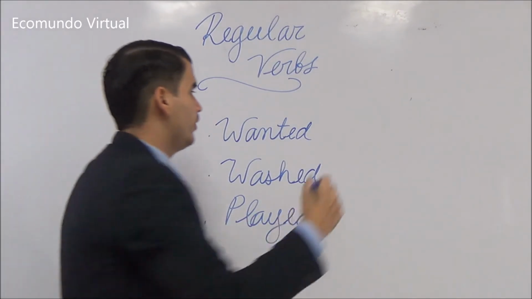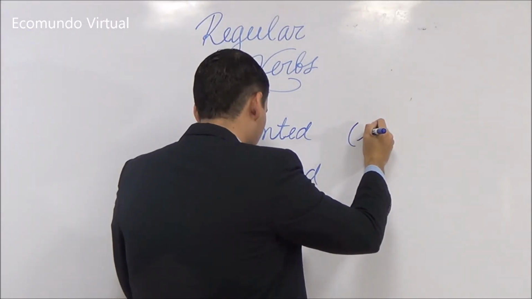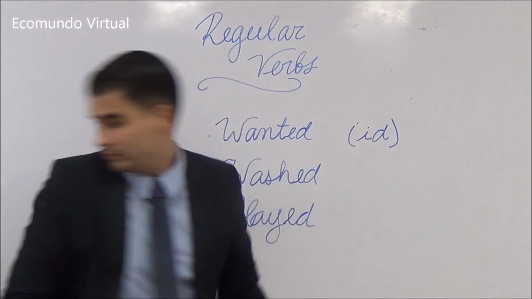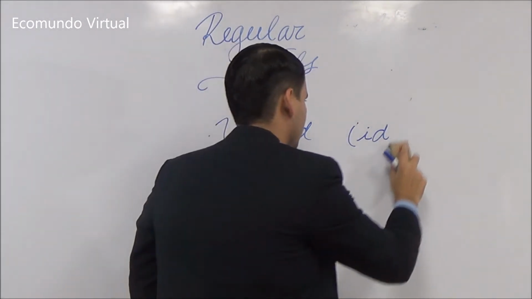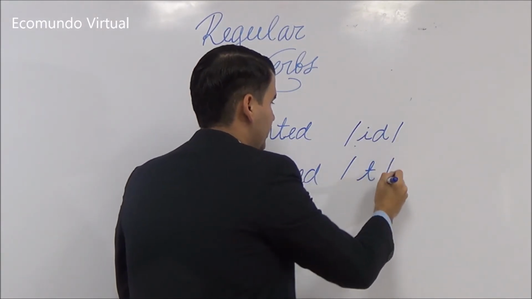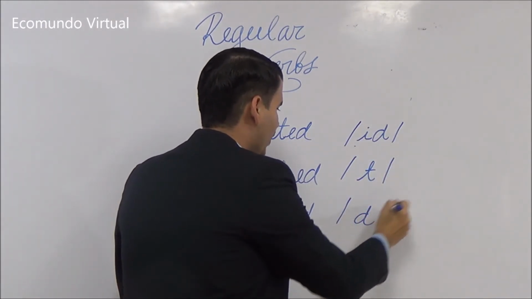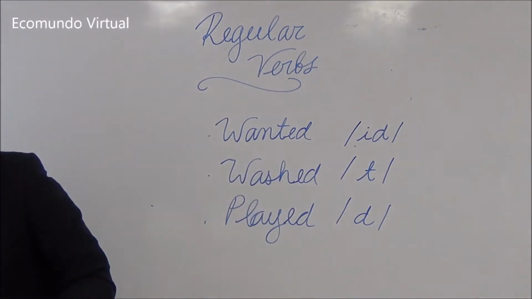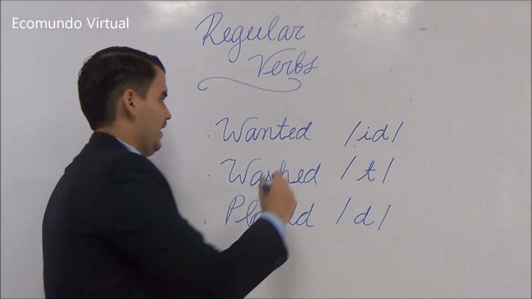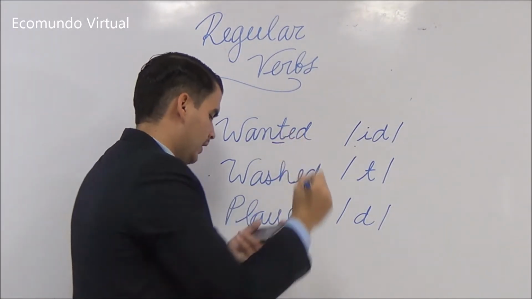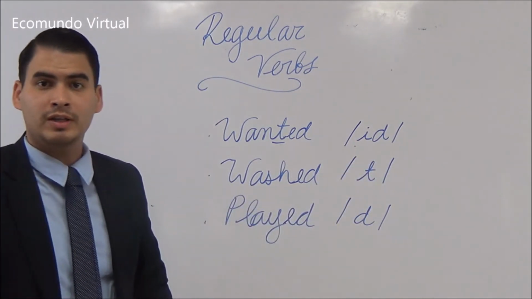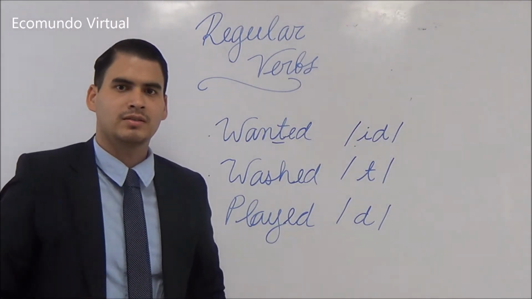The sound of the ed, the sound of the T, and finally, the sound of the D. So, all the regular verbs that end with T, they go with the ID. The pronunciation and the sound is with ID. Wanted, completed.